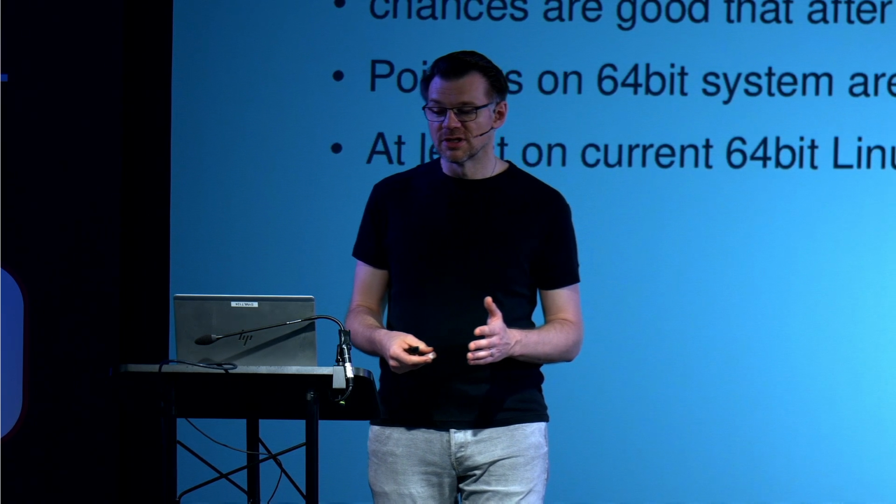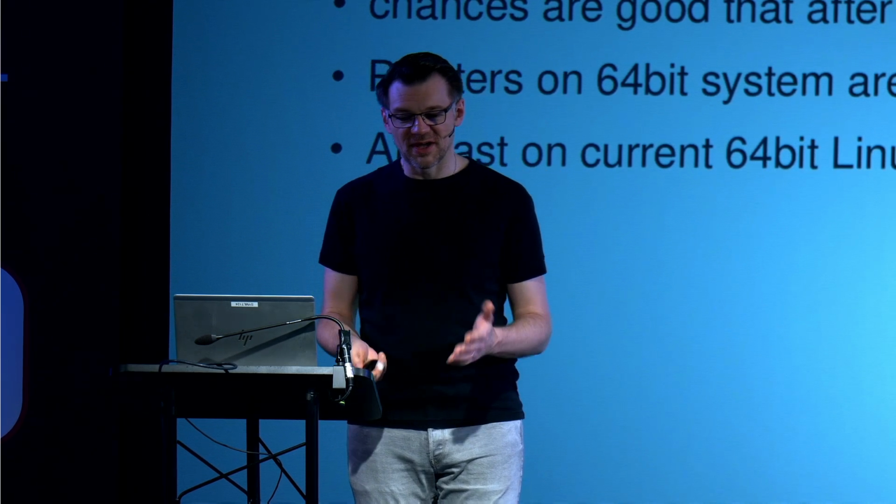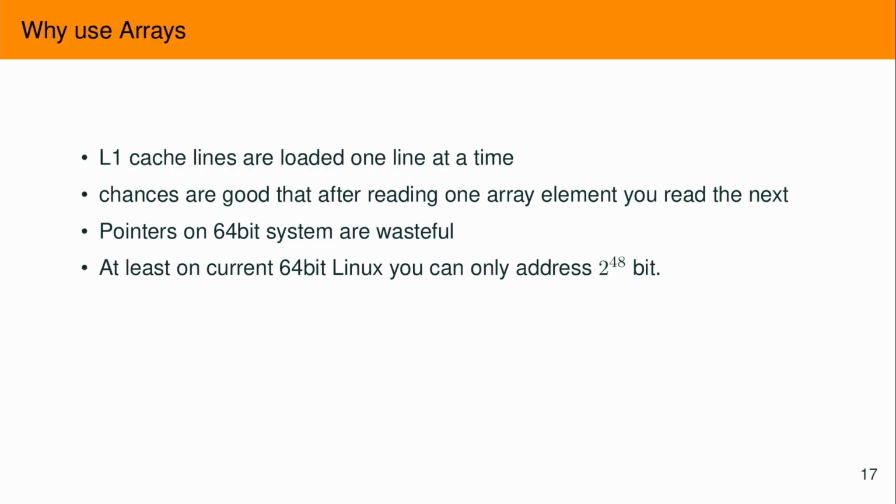And also, while working in that space, I realized 64-bit pointers are extremely wasteful. Linux, or the Linux of 2024, only allows you to address 2 to the power of 48 bytes. So you already have quite a few bits that are not set. This laptop only has 2 to the power of 39 bytes, and it only has like 16 gigs of RAM.